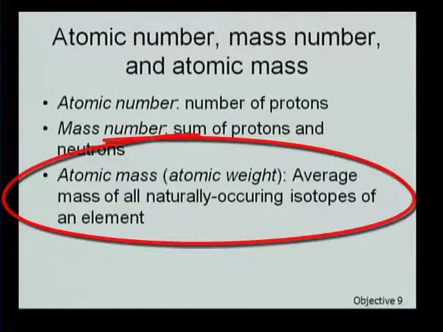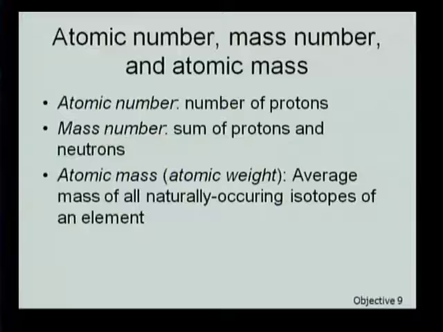The atomic mass, also called the atomic weight in some of the older literature, is the average mass of all the naturally occurring isotopes of an element. We're going to have to define isotopes later on, but just hold on to that thought for a moment, come back to this after you learn about isotopes, and this will make more sense.